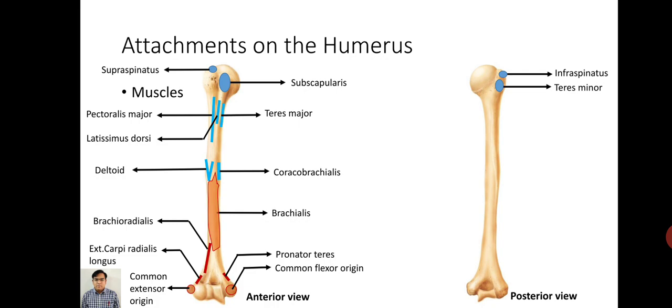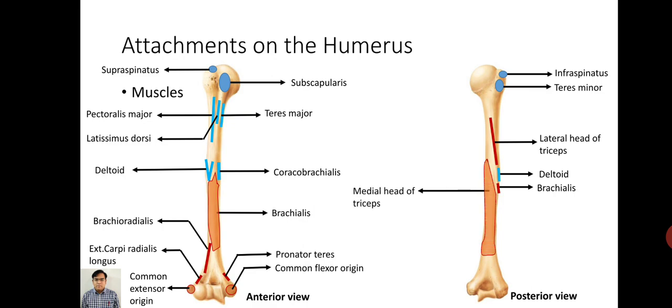Now coming to the posterior aspect. On the posterior aspect there is an oblique ridge which gives origin to the lateral head of triceps. So this is the origin of the lateral head of triceps. Below there is the insertion of deltoid, and below this the origin of brachialis, and the rest of the area of the posterior surface below the radial groove gives origin to the medial head of triceps.